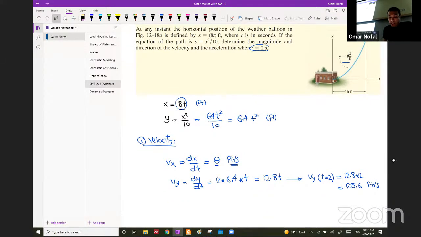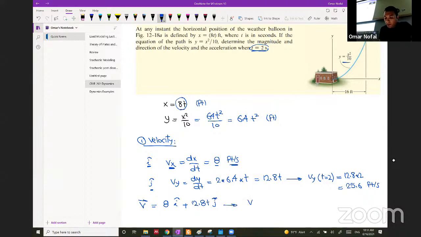And you can write the final V vector. All of these are magnitudes, and we know that x is in the i hat direction, which is the unit vector in the x direction, and y is in the j hat direction, which is the unit vector for the y direction. So it will be 8 in the direction of i hat, plus, let's keep it with respect to t, 12.8t in the direction of j hat.